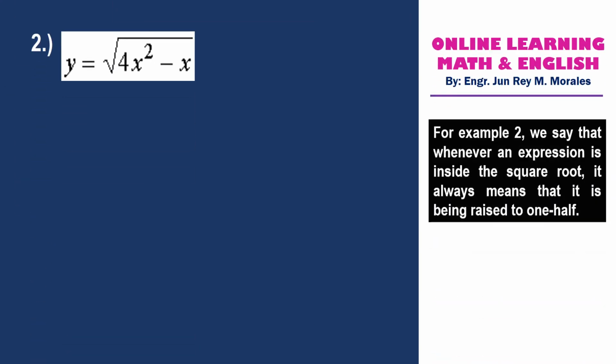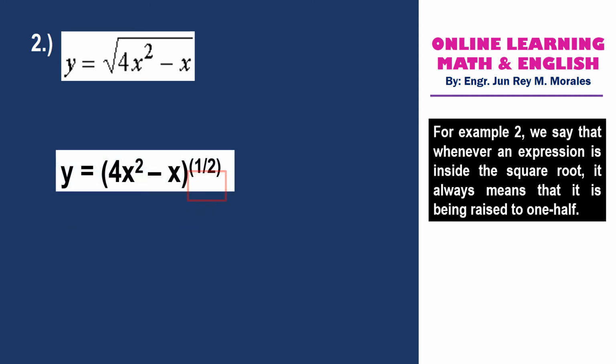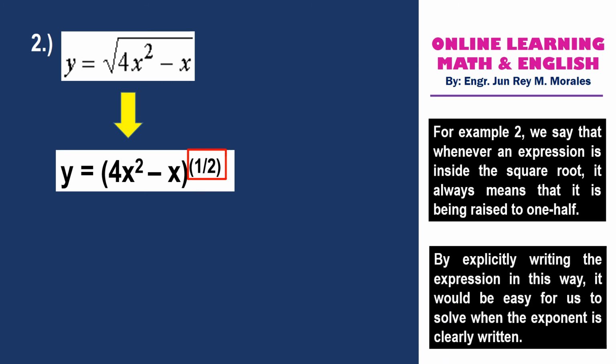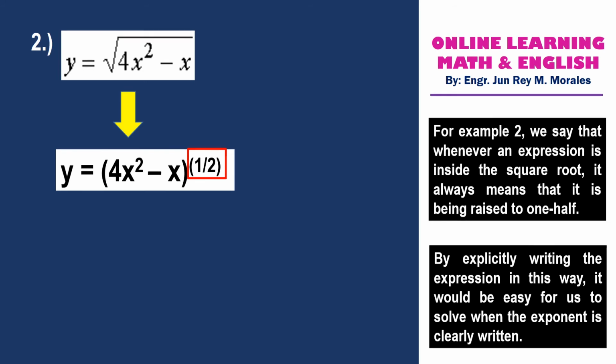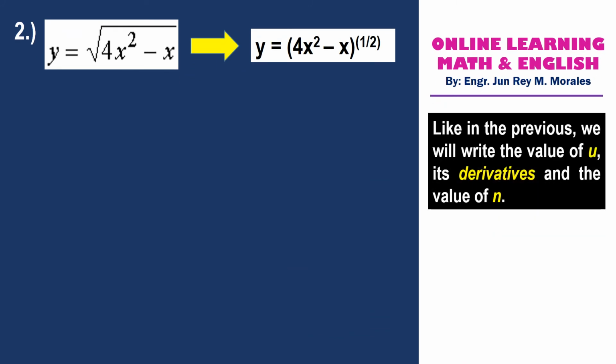For example 2, we say that whenever an expression is inside the square root, it always means that it is being raised to 1/2. By explicitly writing the expression in this way, it would be easy for us to solve when the exponent is clearly written. Like in the previous, we will write the value of u, its derivative and the value of n.